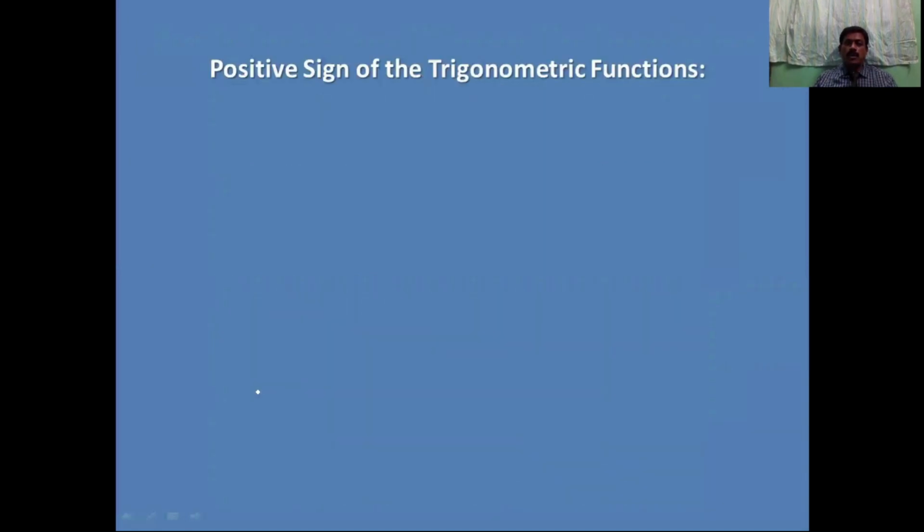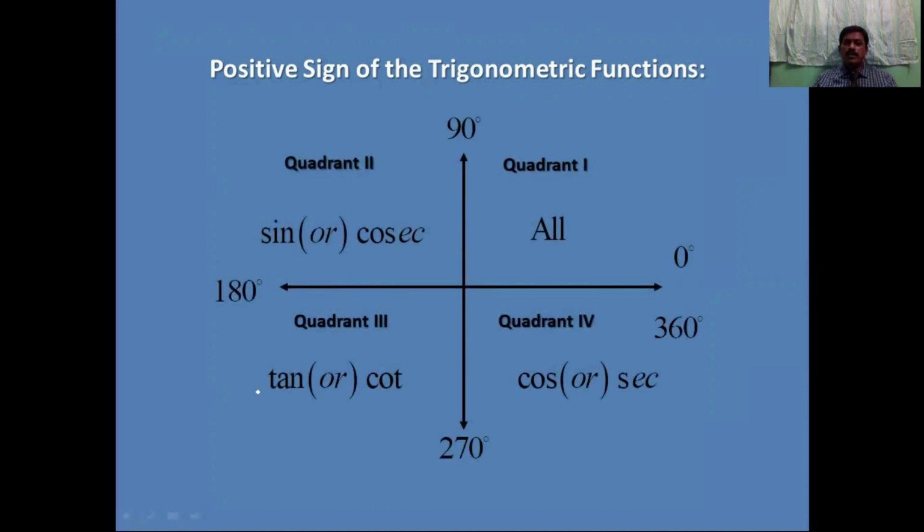We must have the basic concept of the positive signs of trigonometric functions. That is where the trigonometric functions are positive and where they are negative. That we must know first. Here, in quadrant 1, all the trigonometric functions are positive. That is sine, cos, tan. The same way, the reciprocals of those are also positive: cosecant, secant, cot.